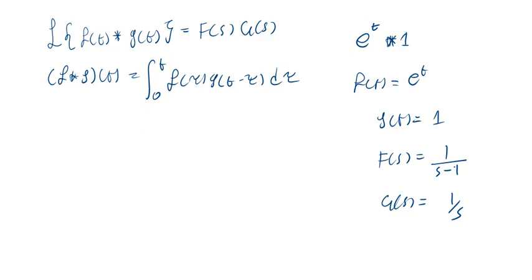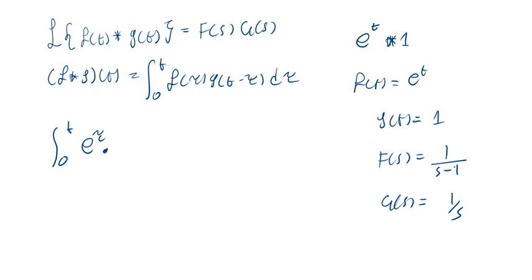So if we have 0 to t, then from this definition that we have here, f of tau, then we have g of t minus tau. Let's say we put e of tau, then for this particular part, we are going to multiply by 1.